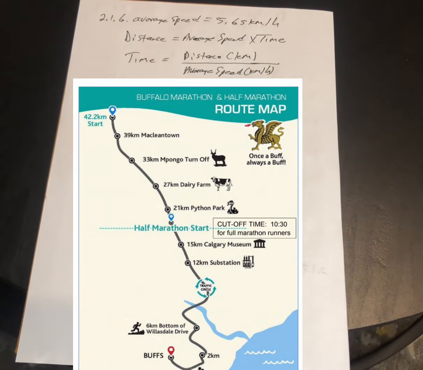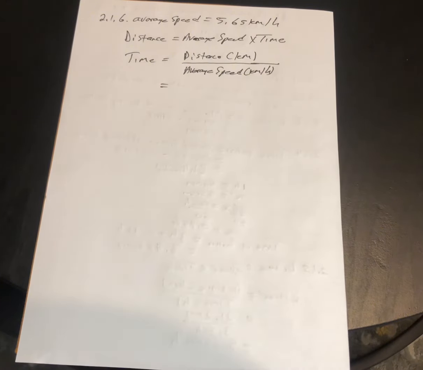But I prefer to use the whole distance, which is 42.2, because this person is not going to change the speed. He is going to use the very same speed from the starting point to the ending point. So I can also determine, or predict, the ending time using the full marathon. So from here, I'm just going to use the full marathon, knowing that the very same person was not changing the speed.